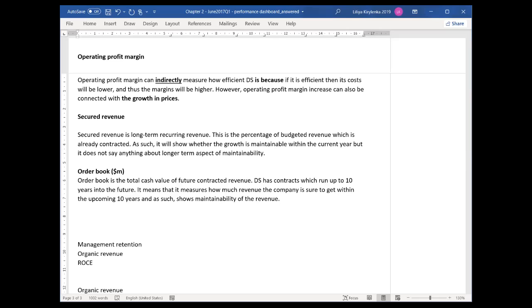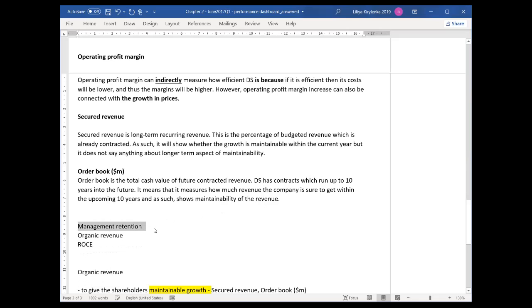We have management retention. And if managers stay within the company, then this means that their talent, their expertise is growing. So this means that dashboard services indeed develops the best talent. However, the best talent is not limited only to managers. So this metric does not tell us about other employees.